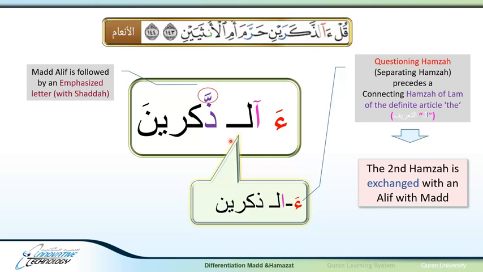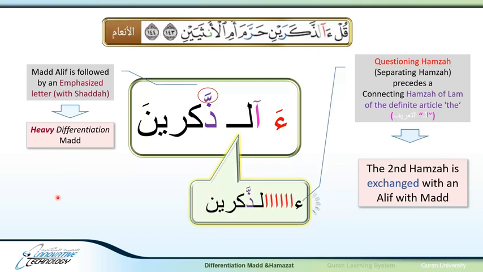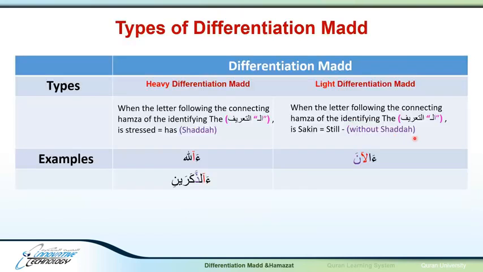So it is this emphasis, this shadda, following al-ta'rif that makes us call this type of differentiation mad a heavy differentiation mad. We lengthen the alif, a compulsory elongation mad for 6 units. Now we're going to take an example on the light differentiation mad, al-ana.